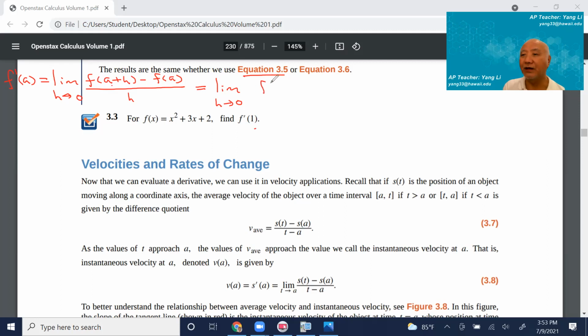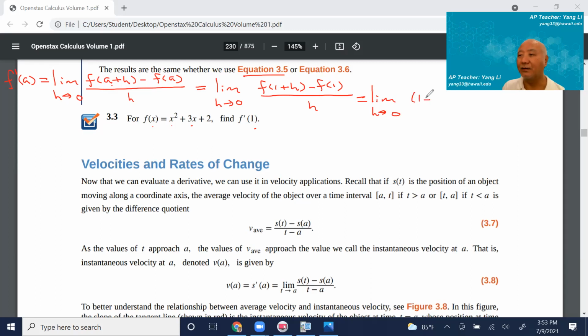So you're going to have f(1 plus h) minus f(1) divided by h, right? Now because this is f(x), it means all the x is 1 plus h right now. So you will have it like this, the limit as h approaches 0.